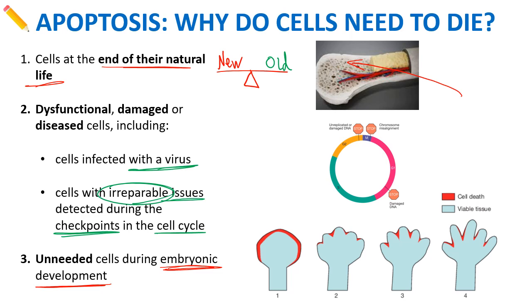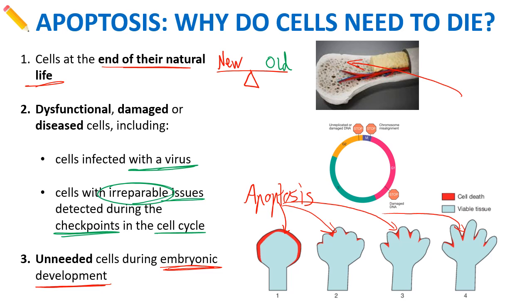So it starts off with a generic sort of blob of cells, and then step by step, the red cells here undergo apoptosis and die, and that leads to making finger-shaped organs. So the gaps between the fingers die off, and then some more die off, and then even more die off between the fingers, and suddenly we've got our 5 fingers ready to develop fully.